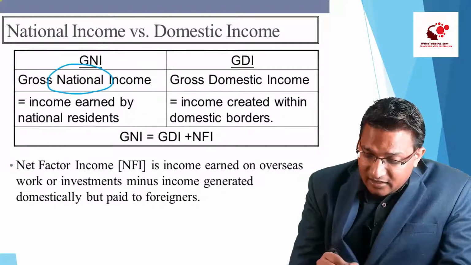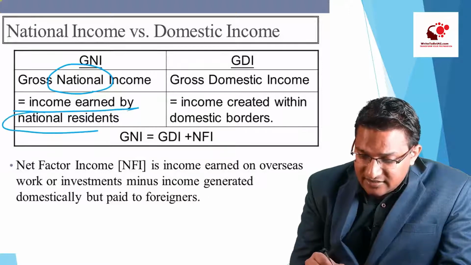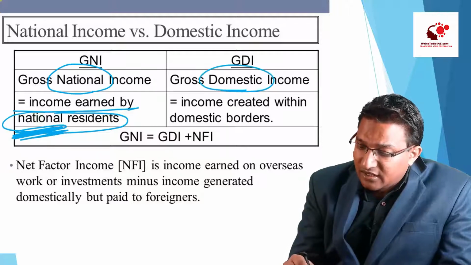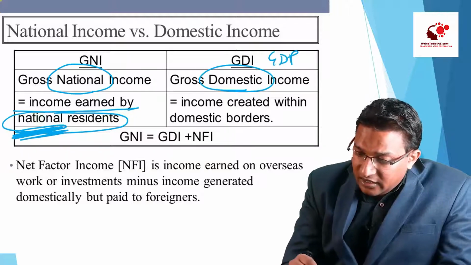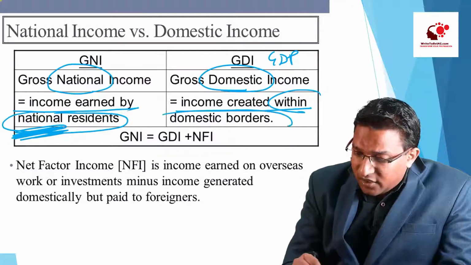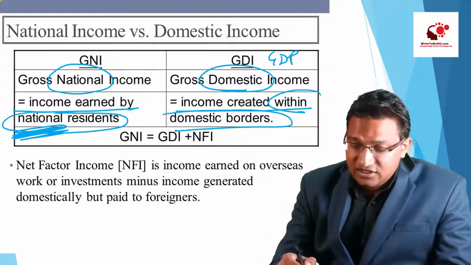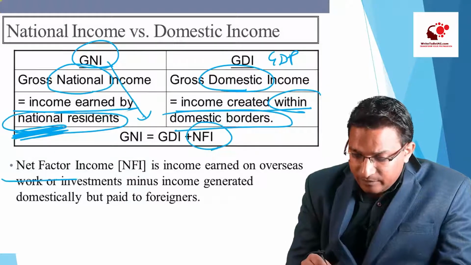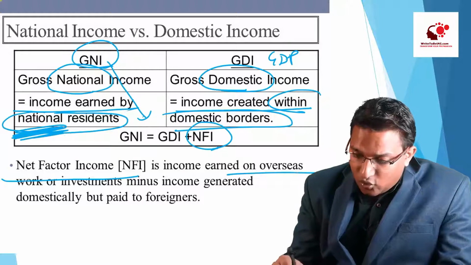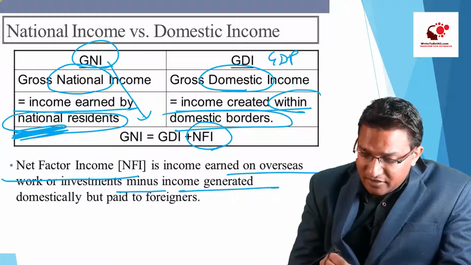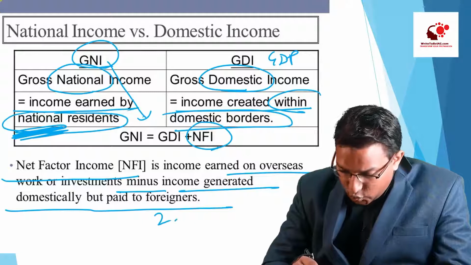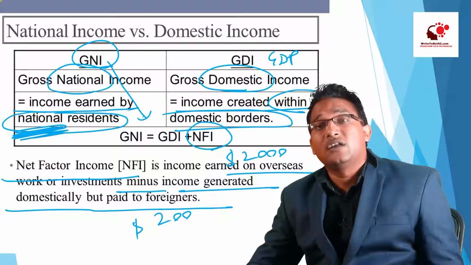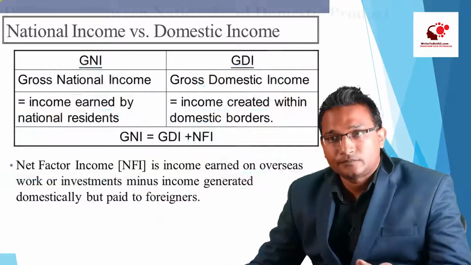So GNI is the income earned by the national residents. National, this is very, very crucial. Gross domestic income or GDP is the income created within the domestic borders, right? And this GNI is calculated by adding the net factor income earned from abroad, right, minus the income generated domestically but paid to foreigners. So $200 this is, and this is $2,000, the example that we took in the previous slide.